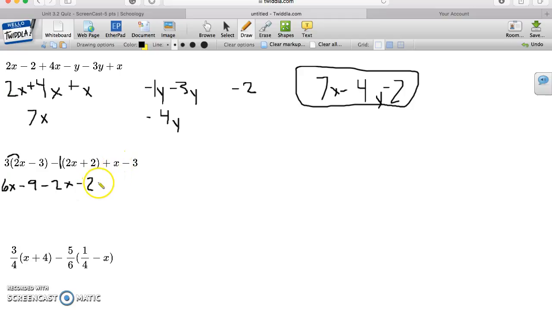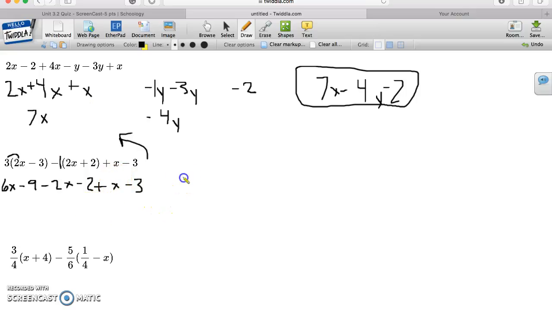And then these, you don't need to distribute because they're all alone. Plus x and minus 3. Okay, now I'm just going to do the same thing that I did up here, where you just separate them into their variables.